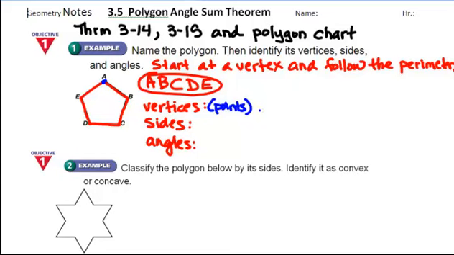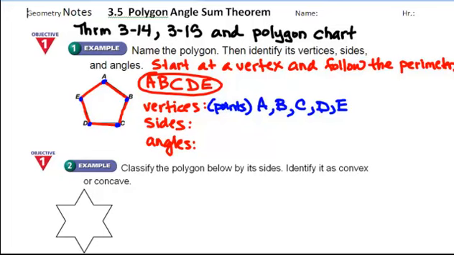This is also a vertex, point A. This is a point, it's also a vertex, point B. This is a point, it's a vertex, point C. We have point D and we have point E. Those are the vertices. One point is called a vertex. More than one together, they're vertices.